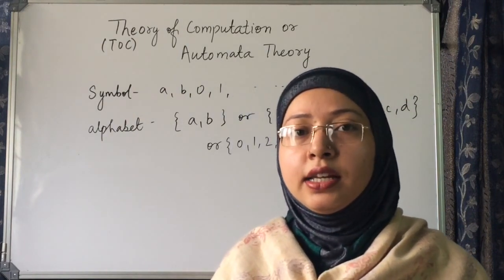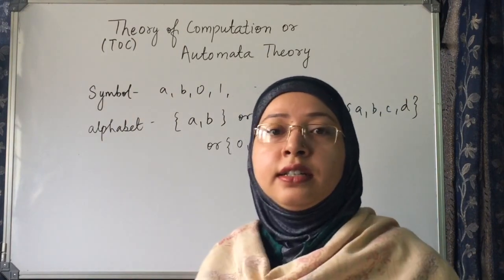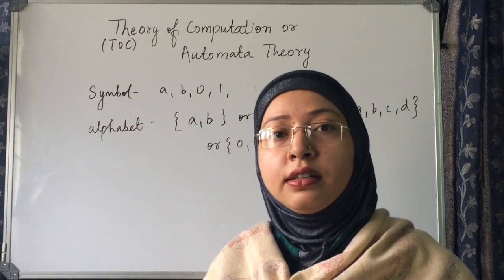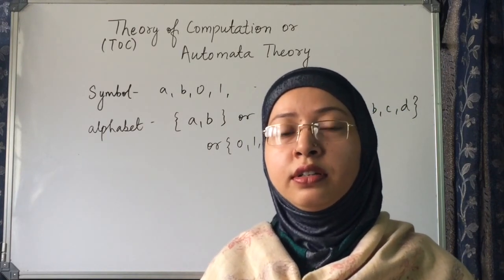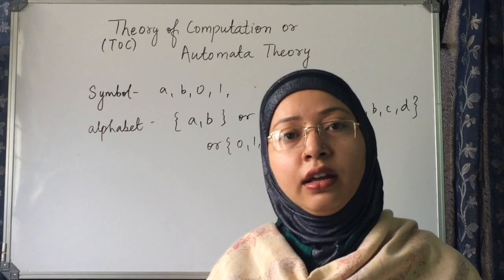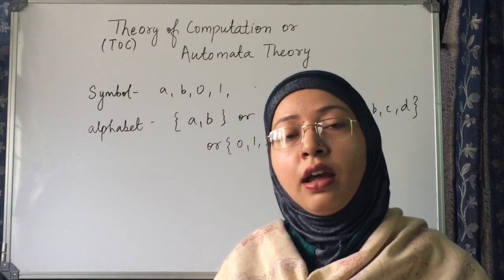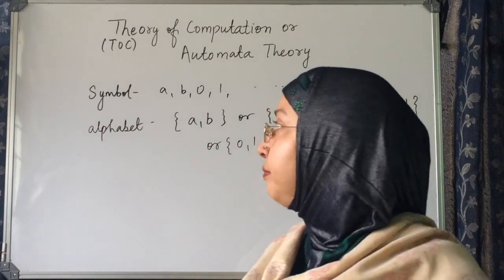What I mean to say is that an alphabet is a given set of symbols which can be used in the strings of a language. Now, what is a string and language?